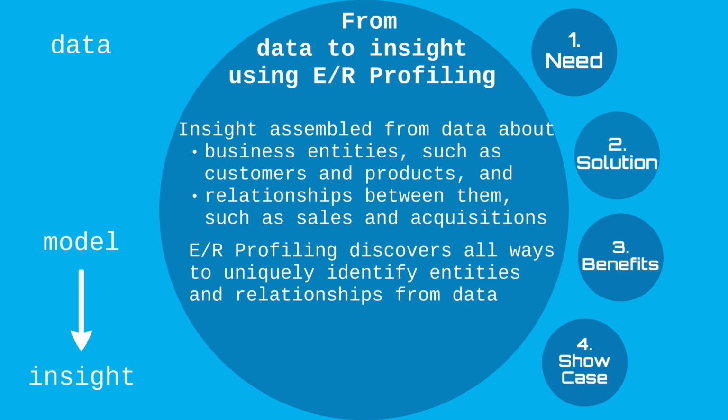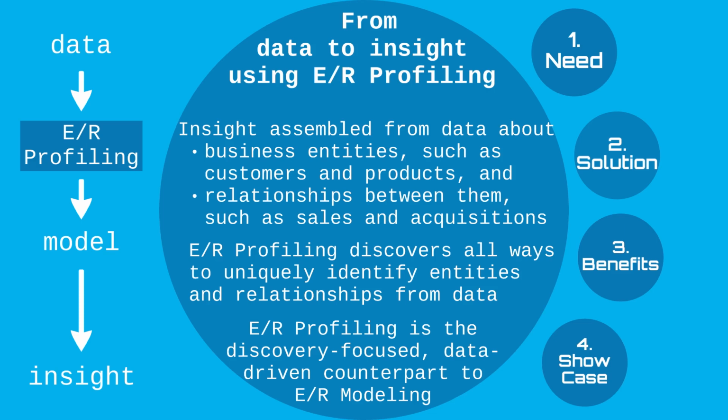So here we can actually establish the fundamental cornerstones of how to generate a model from the data. So this is now termed entity relationship profiling. In this sense, this is the discovery-focused, data-driven counterpart to entity relationship modeling.